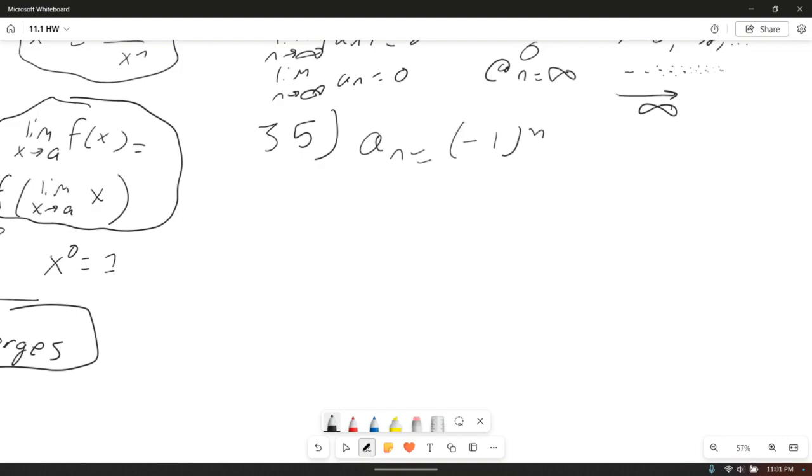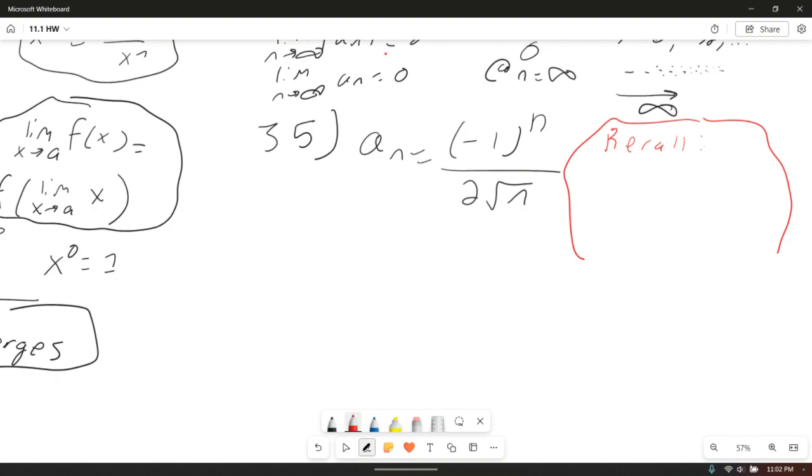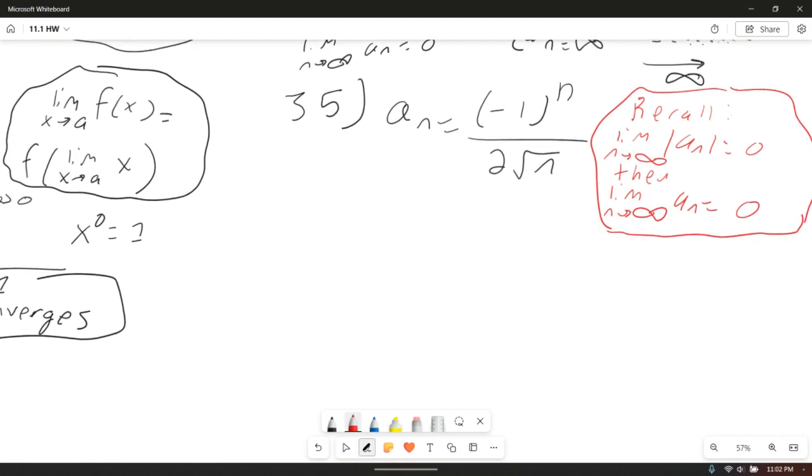So, recall that if the limit as n approaches infinity of the absolute value of a sub n equals 0, then the limit as n approaches infinity of a sub n also equals 0. So we can just apply this rule here.